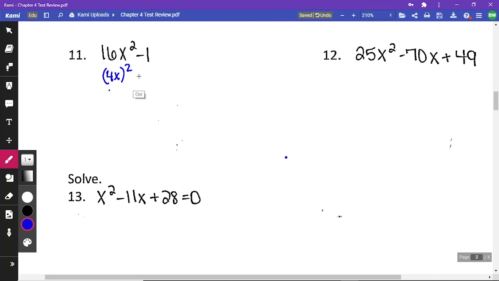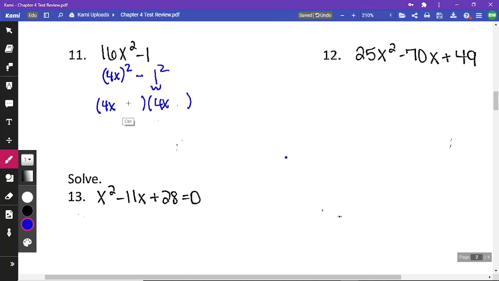Now we write the other one the same way. The minus stays there, and something squared, well, 1 squared. Once you have it written that way, you just take the thing that's squared, the 4x, and it goes here, and then we write it first in both binomials. And for the other binomial, you look at the other thing that's squared, and that's 1.